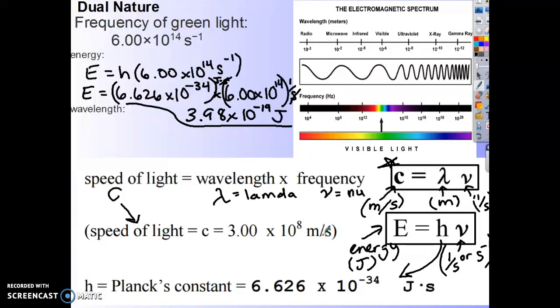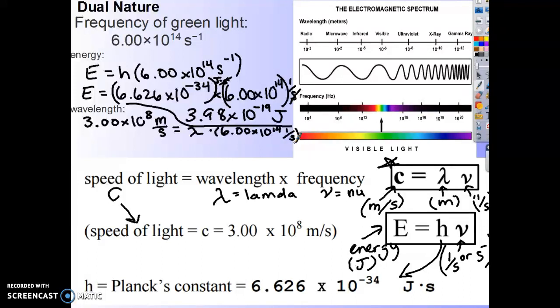We have our frequency and we have our speed of light, and all we need to know is our wavelength. So 3.00 times 10 to the 8th power meters over seconds equals the squiggly lambda, and we don't know what that is because that's wavelength and we're looking for that, times the frequency, which is 6.00 times 10 to the 14th 1 over seconds.